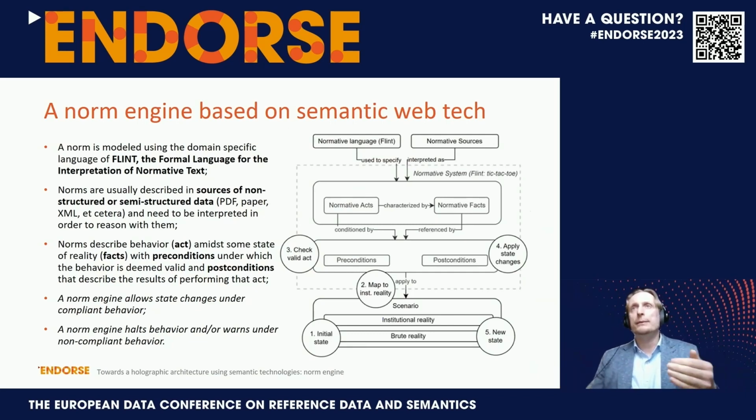And then we make a difference between acts and facts. Acts are the behavior itself, and the facts describe the state of the world in which that act can take place. The acts are descriptions of behavior together with the preconditions and the postconditions under which they are deemed valid.